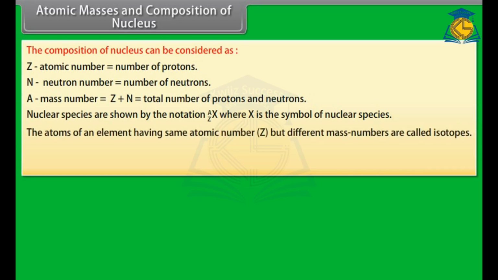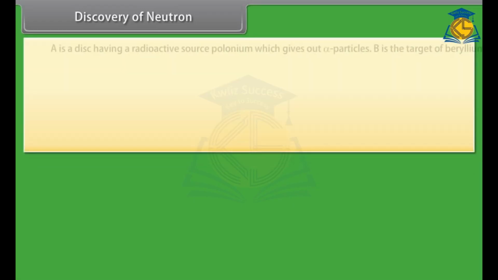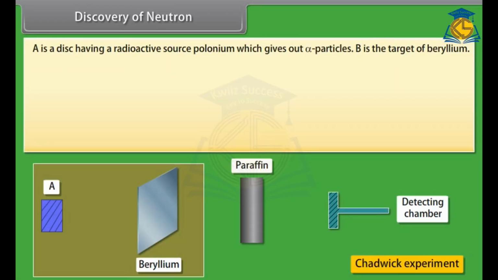The atoms of an element having same atomic number, that is Z, but different mass numbers are called isotopes. For example, isotopes of hydrogen. Discovery of neutron. A is a disk having a radioactive source, polonium, which gives out alpha particles.